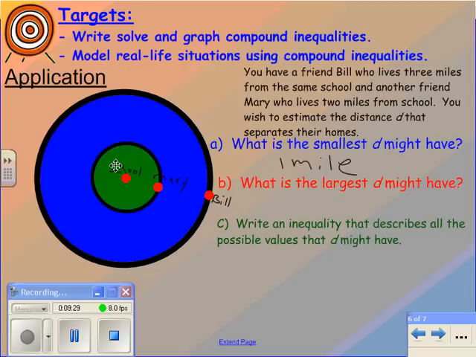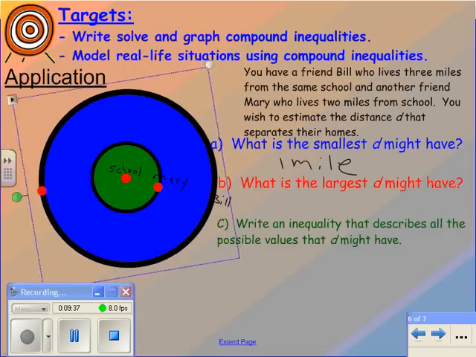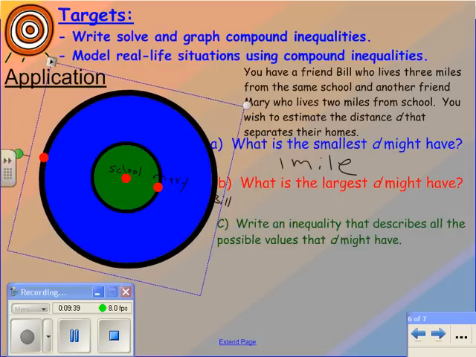And the longest distance that Bill's house could be away from Mary's, if I rotate this around a little bit more and put it on the opposite side of the school from Mary's house, now I have the longest distance.